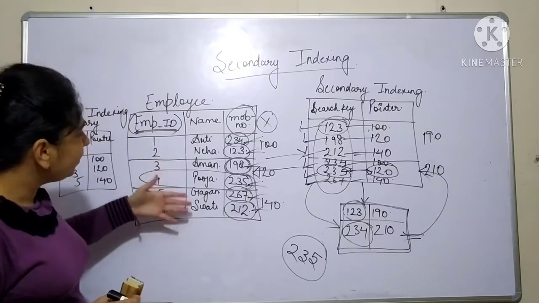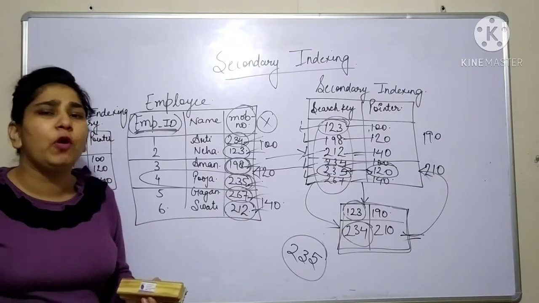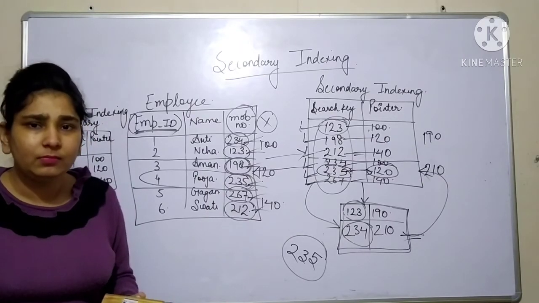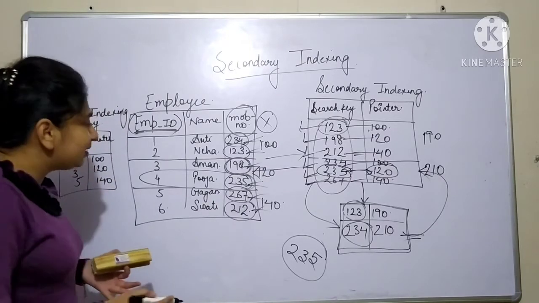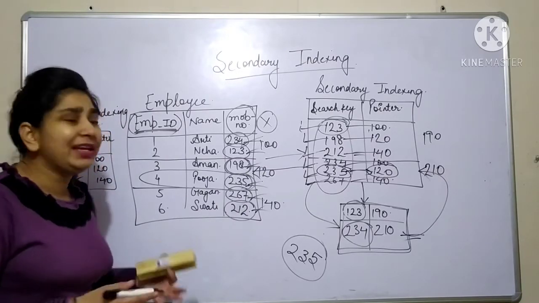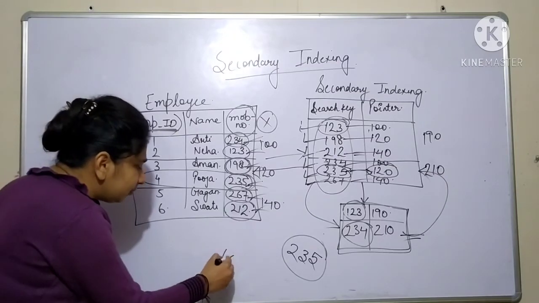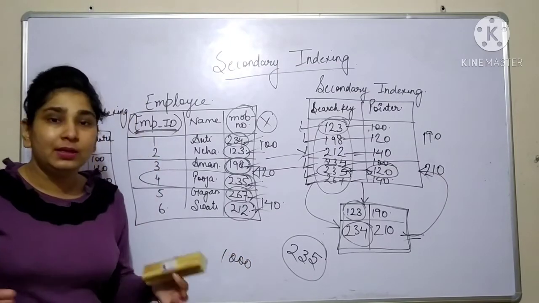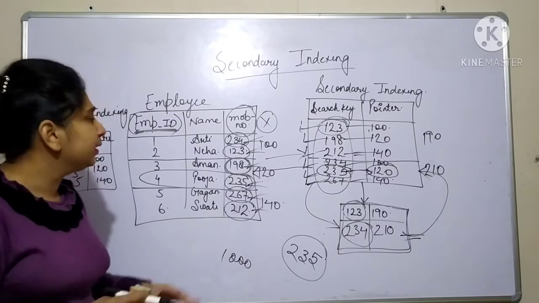In this case, our relation size is very small, so we don't need any indexing. When do we do indexing? We mainly do indexing when we have a large number of records, around 1000 or 2000 records.